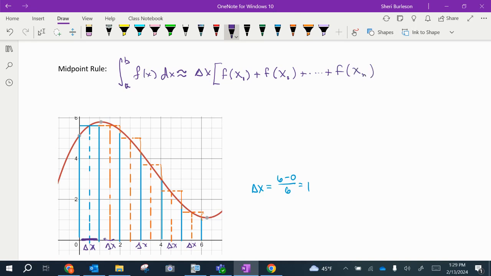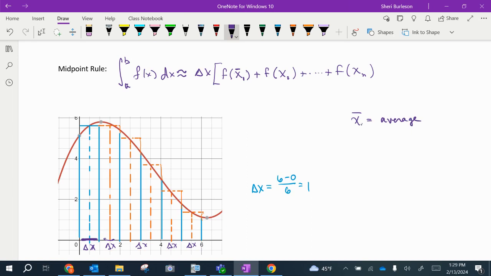Now this is just an x value. How do I designate that I want the midpoint? Well, the midpoint is an average of the two endpoints. So the change in notation here is we're going to have x bar. This means the average.